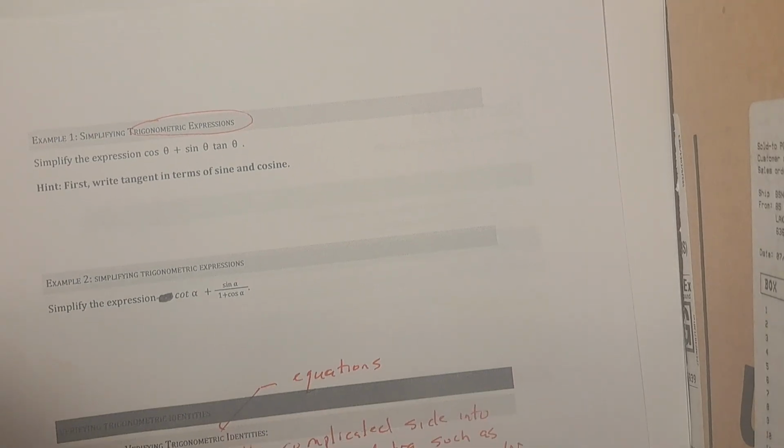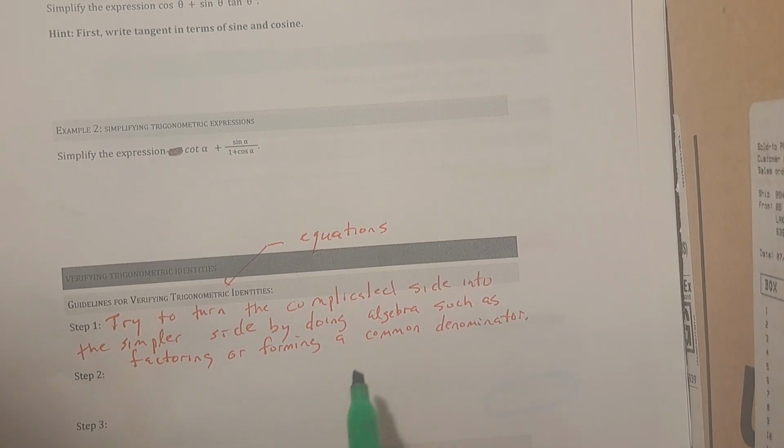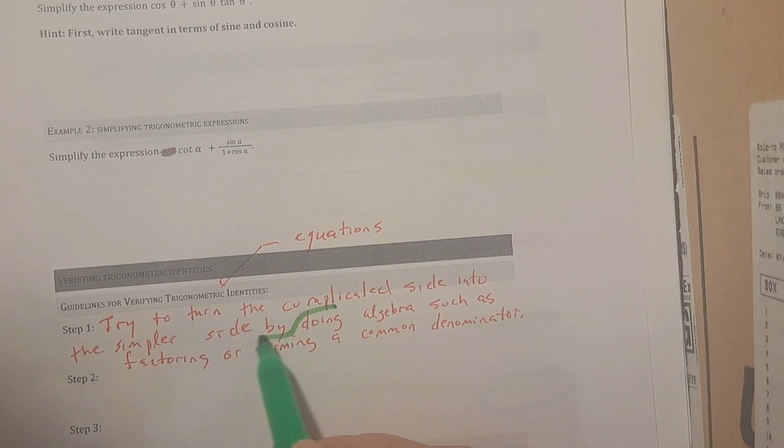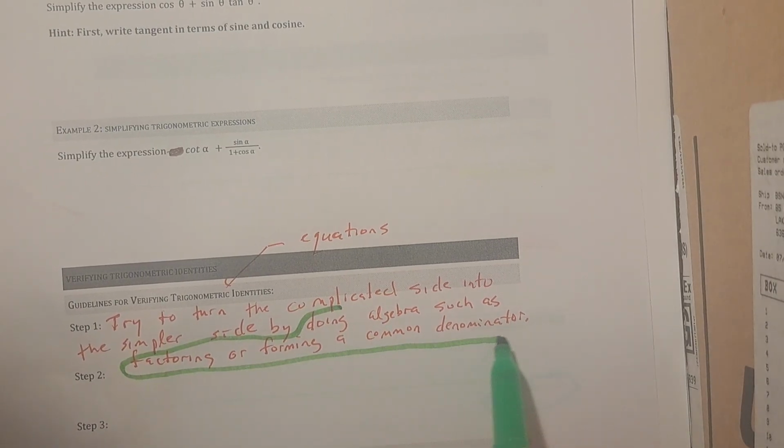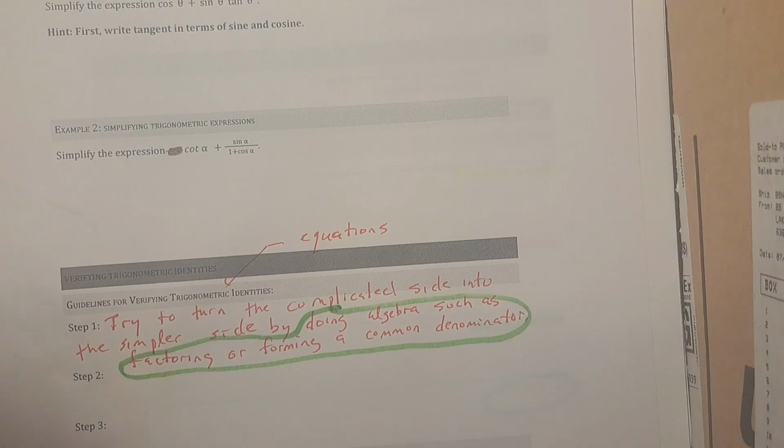So when we're trying to simplify, we can't work on two different sides. There's only one side to have. There is no other side. But the part that's in common is the first thing you should do, whether you are simplifying a trig expression or verifying a trig identity, is do algebra, such as factoring or forming a common denominator.